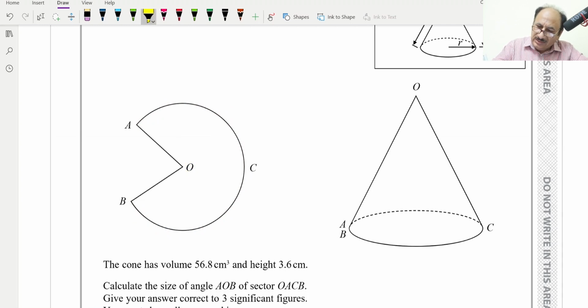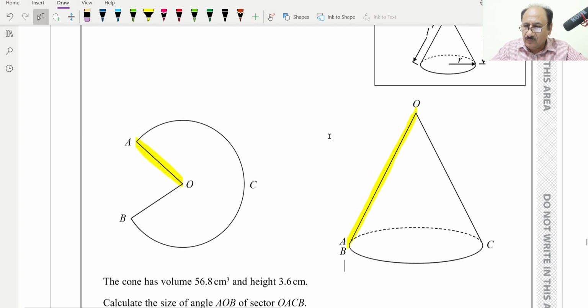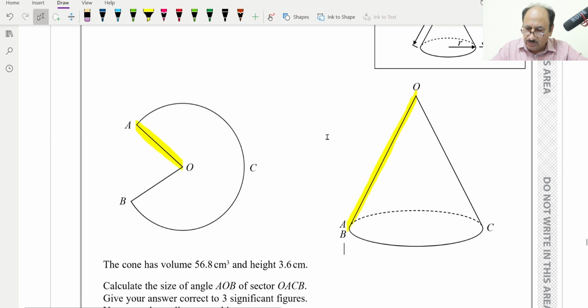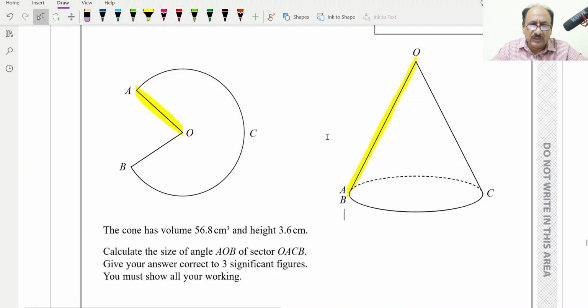So it means this slanting height is changing to this side. This OA length is equal to this slanting height, or we can use the word sloping length also. Sloping length is another word which we can use for that.